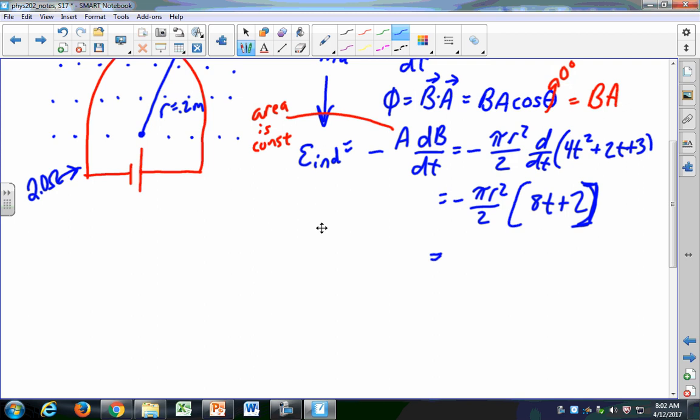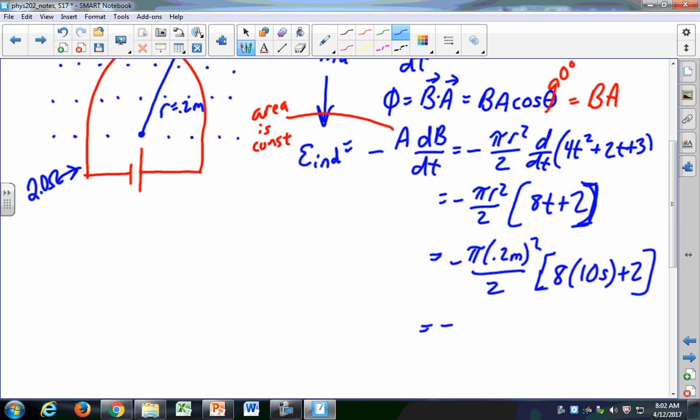So then this works out to be negative pi times 0.2 meters squared divided by 2 times 8 times 10 seconds plus 2. And I find that this is equal to minus 5.2 volts. So my EMF here is minus 5.2 volts.